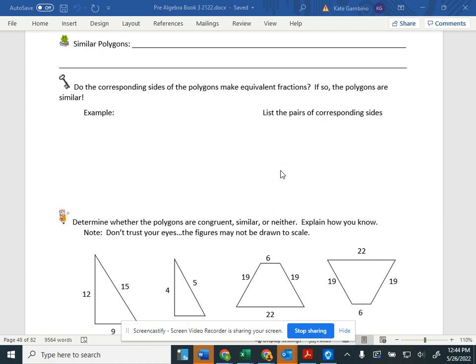So similar polygons are polygons that are the same shape, but different sizes. So the example that Ryan had given with the measurements of the sides, they weren't proportionate.